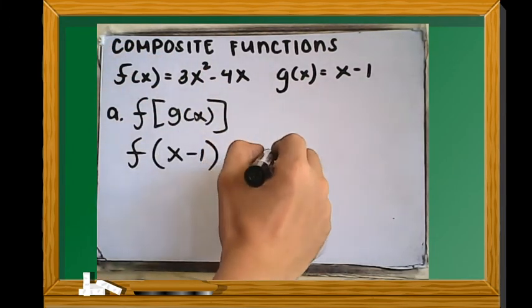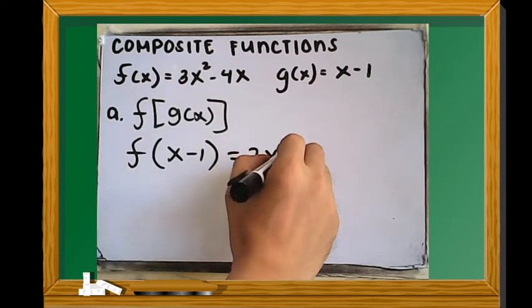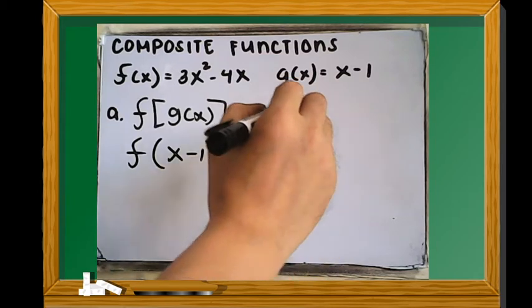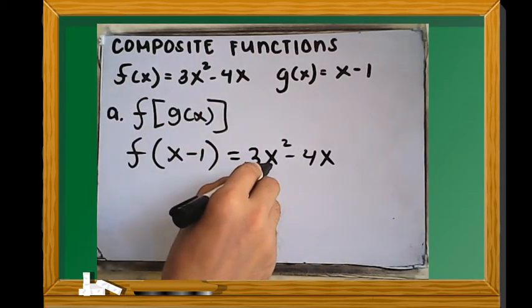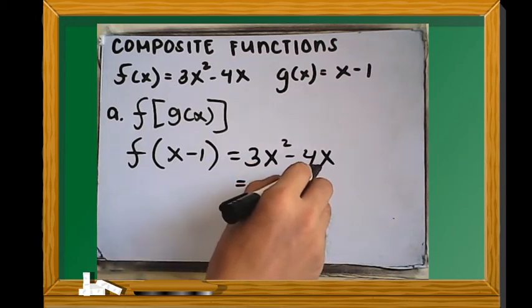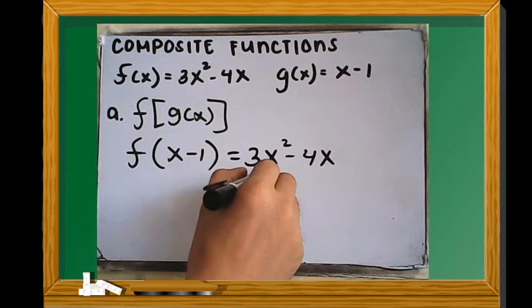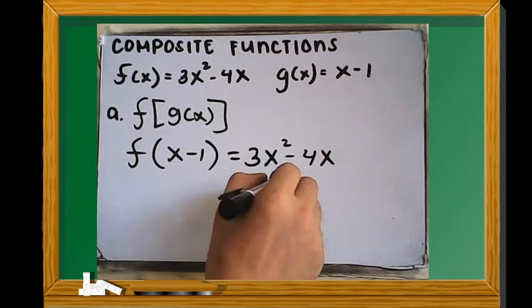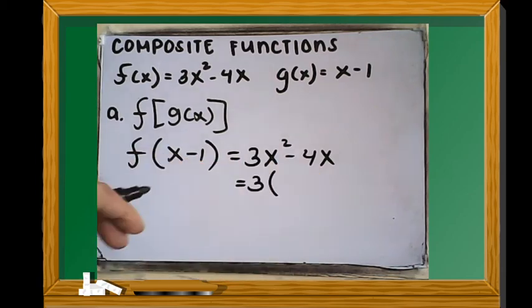So let's just copy first 3x squared minus 4x. Okay. So again, next, let's change all x's to x minus 1. So just copy 3 and then change it to x minus 1.